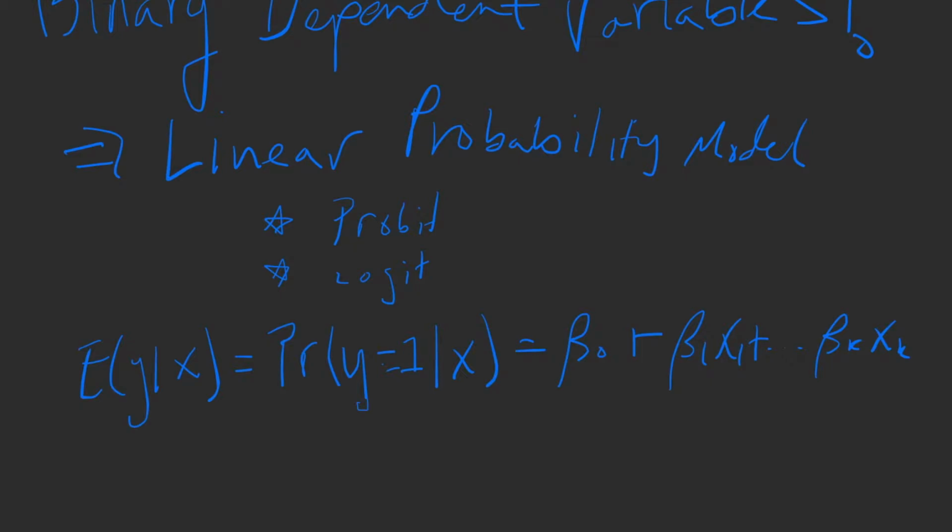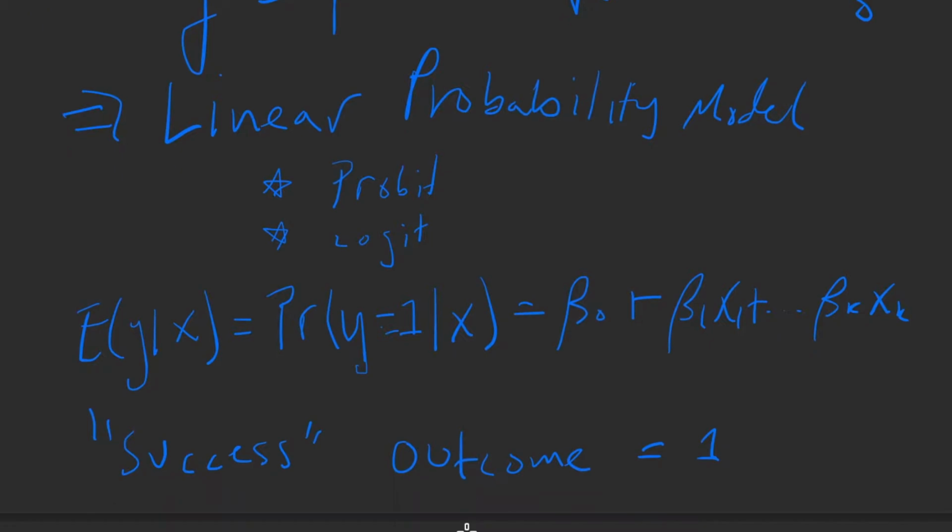Now, what does success mean? When there's this terminology of success in the discipline, that can be a bit confusing because success is not always the good outcome. Success is the outcome for the binary variable that is equal to 1. Success does not need to be a good outcome.